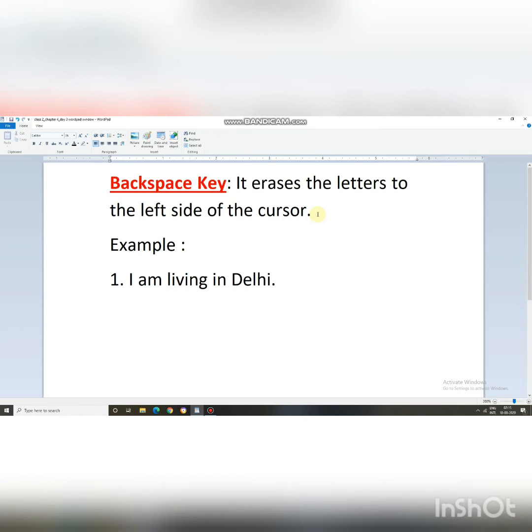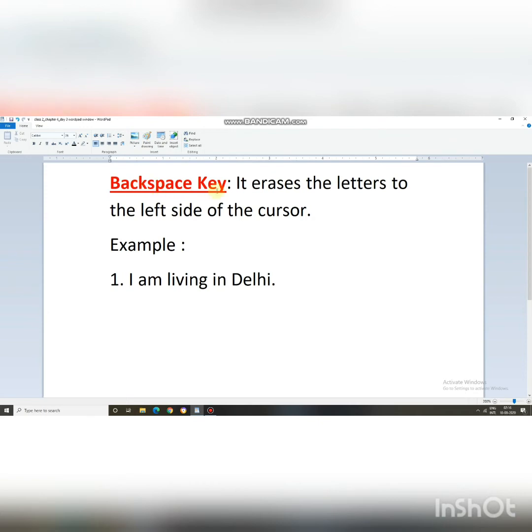So, in order to erase those letters, those numbers, those special characters which are typed, we use the backspace key. We use the delete key. Now, there are 2 keys which help us to delete or erase these letters, numbers or special characters.